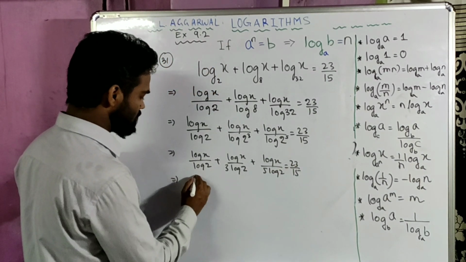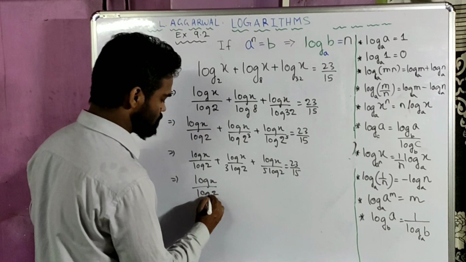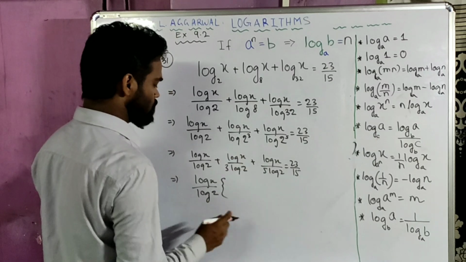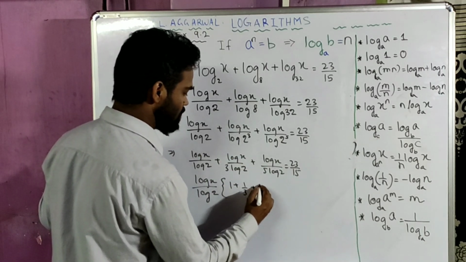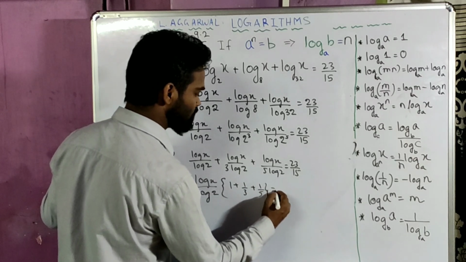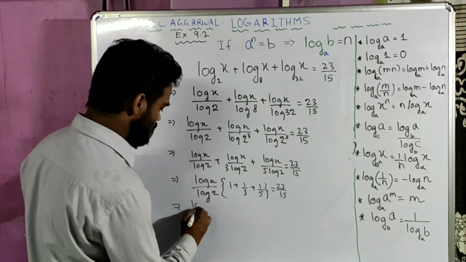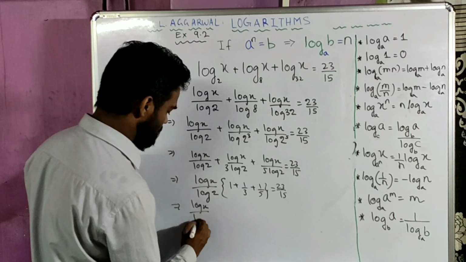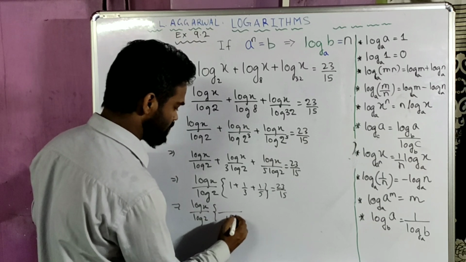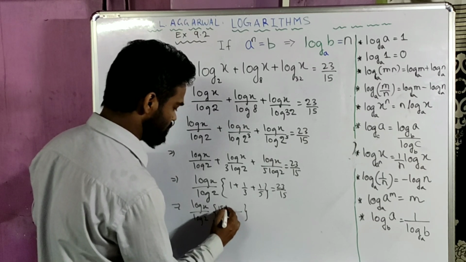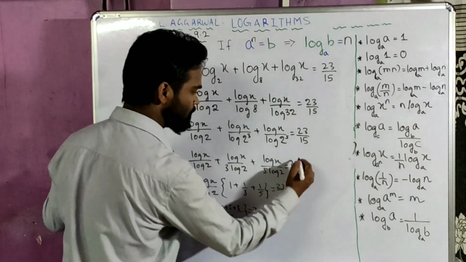Now look carefully, can I take log x by log 2 common? So what is left? 1 is left over here, 1 by 3 is left over here, 1 by 5 is left over here, equals 23 by 15, which means log x by log 2 times, and this is 15, so this becomes 15 plus 5 plus 3 over 15 equals 23 by 15.